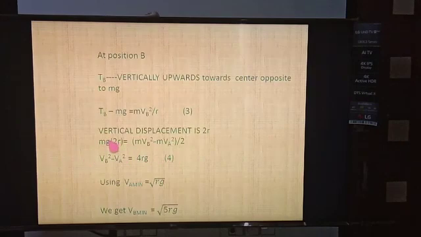So we can write mg into 2r is equal to m VB square minus VA square upon 2. So VB square minus VA square is equal to 4rg, and this is known as equation number 4. Using VA minimum is equal to square root of rg, we can calculate the value of VB, and that value is VB minimum is equal to square root of 5rg.